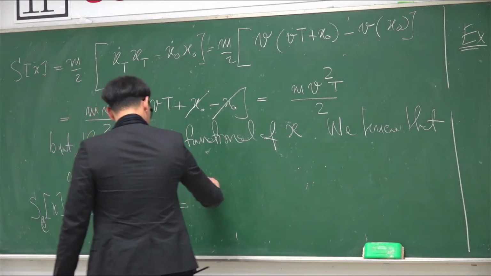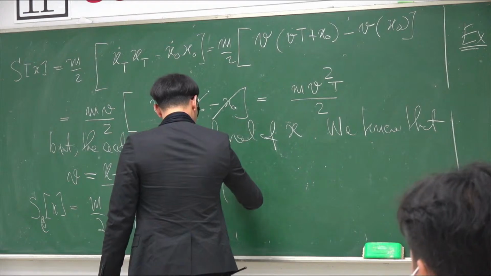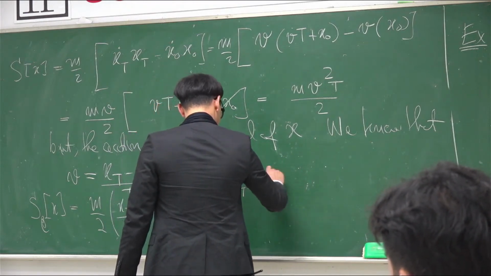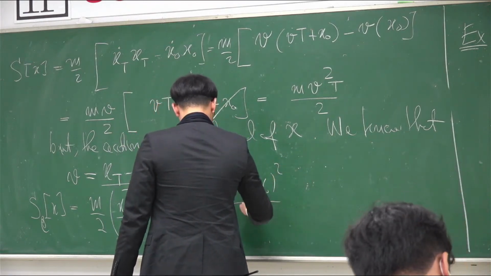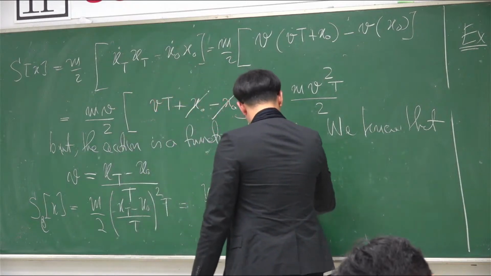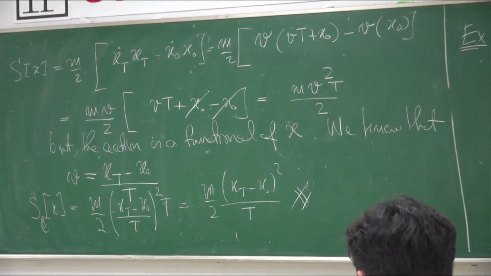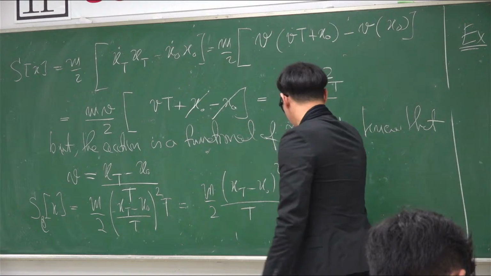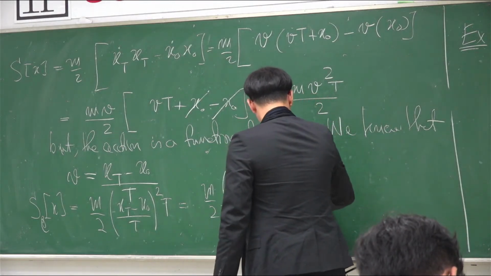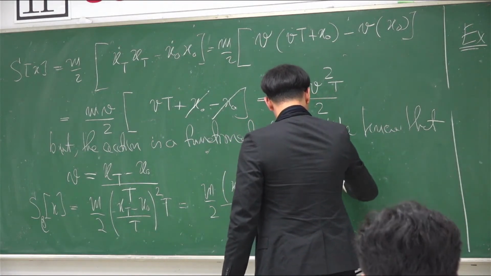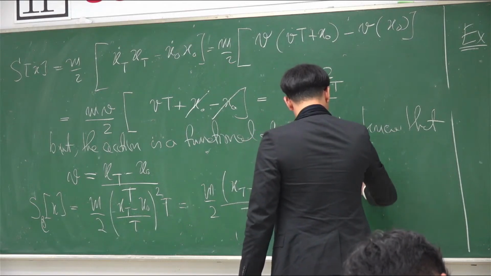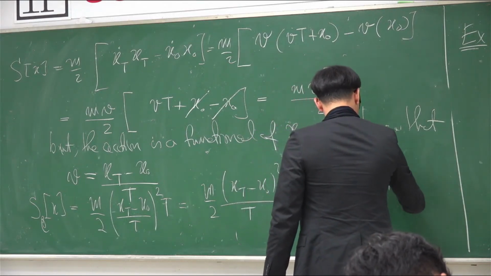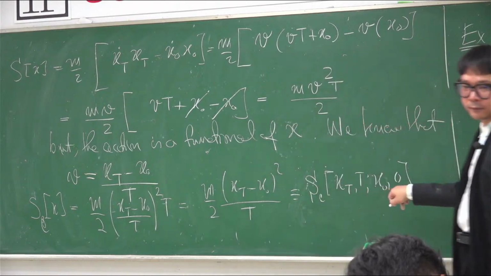So at the end, you get n over t. So this is your classical action. Actually, as a function, you can see that it's a function of x t, x right here.